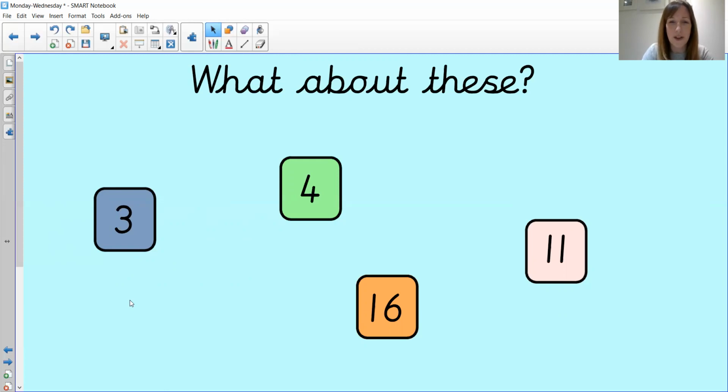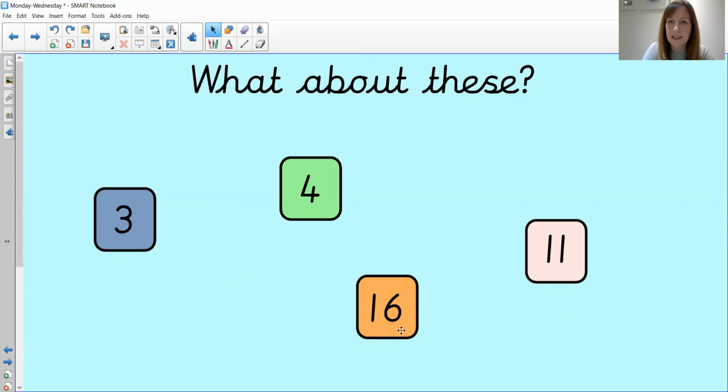Okay, you ready to go through them? So let's start with number 3. So number 3 is a prime number because it has exactly two factors, 1 and 3. Let's go on to number 4. Now 4 is a composite number because it has more than two factors, 1, 4 and 2 are all factors of 4. Let's go to 16 next.